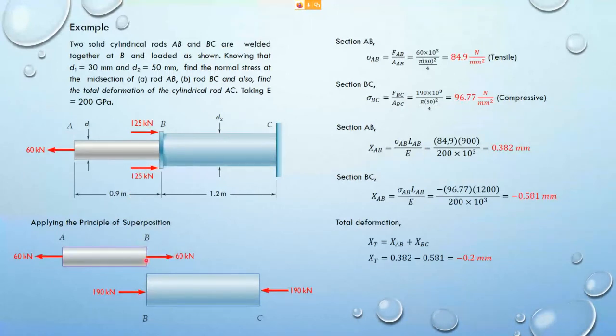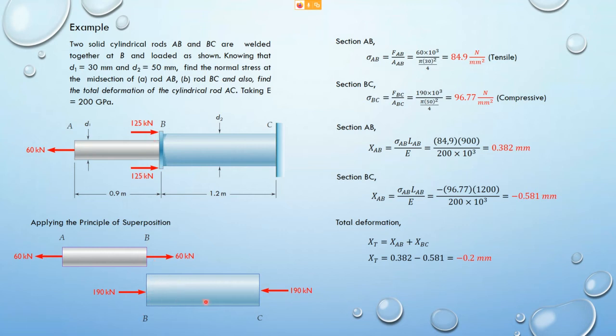So at section B of part AB, it shows 60 kilonewton acting towards the right. In order to get a total of 250 at section B, I must consider a 190 acting towards the right-hand side as well. So 190 plus 60, same direction, you get the total load of 250.